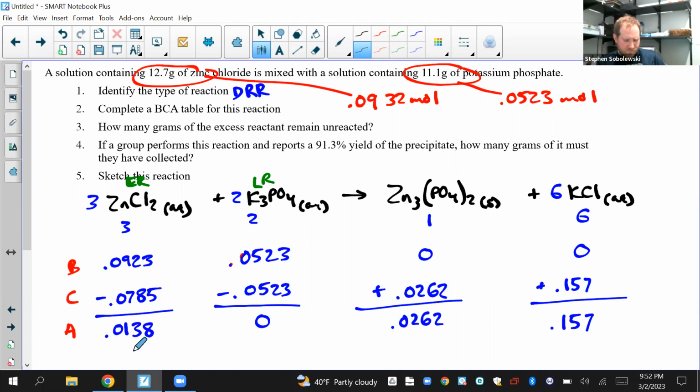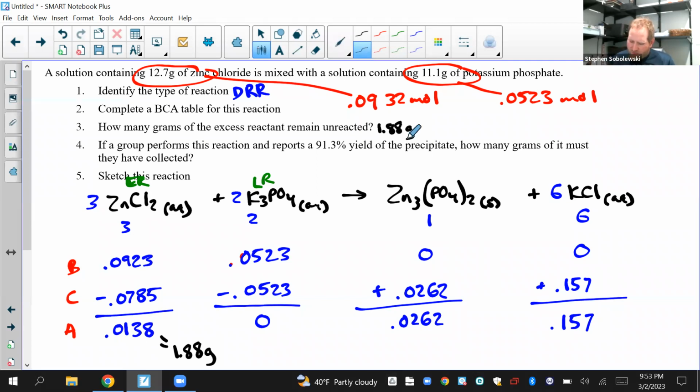Yeah. Okay, so molar mass was 136.27 or so. I'm going to multiply that by the 0.0138 moles, giving me 1.88 grams remaining. 1.88 grams.